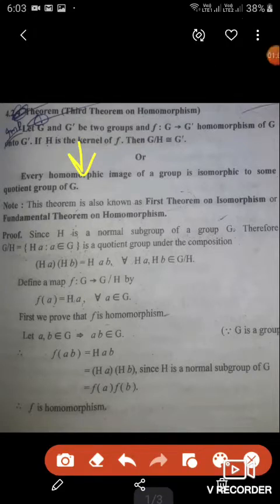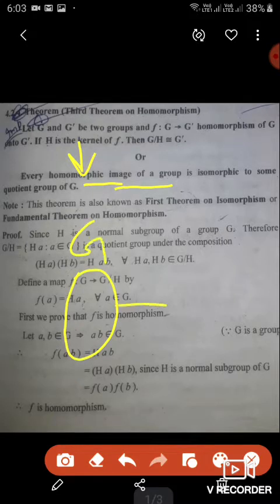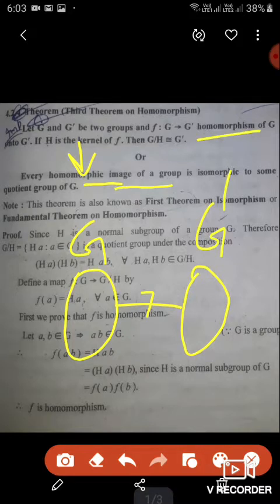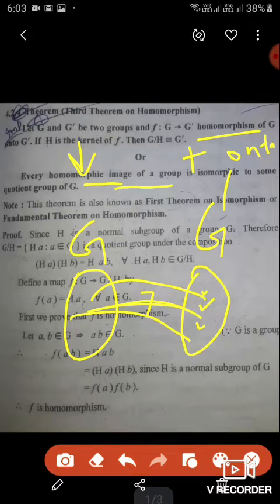It can also be stated as: every homomorphic image of a group. Let us first understand the meaning of this line. Homomorphic image: basically, if you are having a function which is a homomorphism plus onto, it means that every element present in the codomain is having its pre-image. Fine.